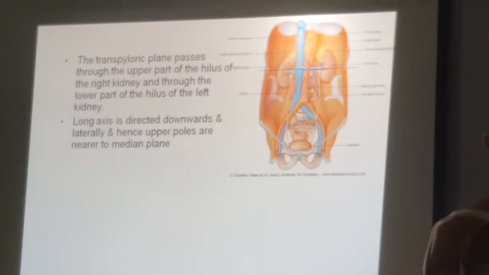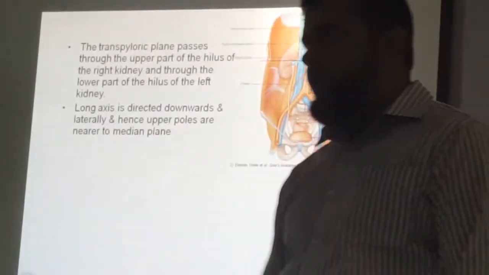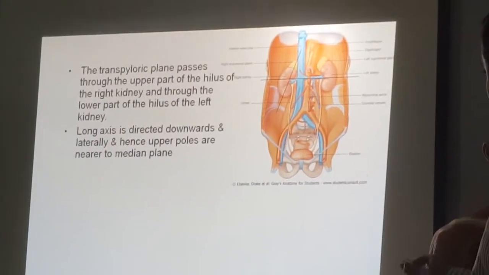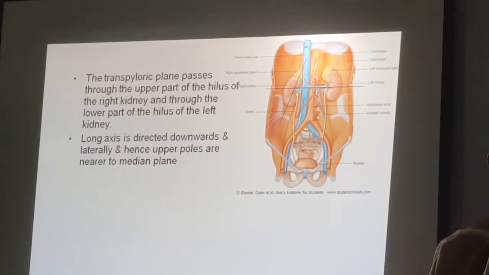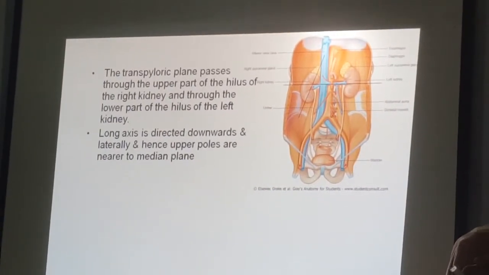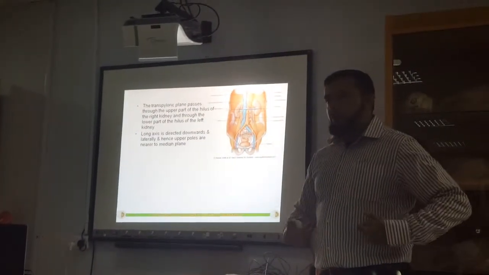And the long axis. What do you mean by long axis? It is the axis which passes through the length of the structure. If you pass this, it is not straight vertical but oblique, because of the kidneys themselves. The upper end is slightly closer to the midplane compared to the lower pole.